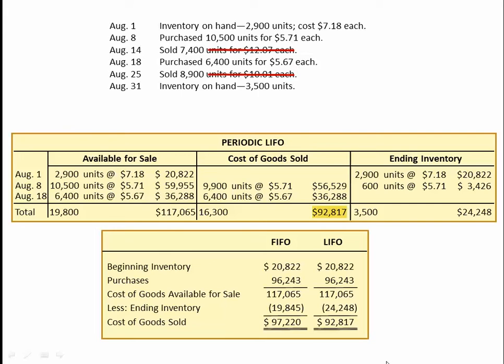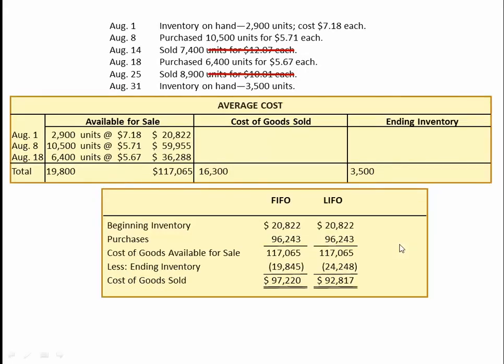So in this situation, LIFO is going to give you a higher net income because the cost of goods sold is lower. Interesting. So keep in mind, usually FIFO gives you the higher inventory balance and the higher cost of goods sold because prices are rising. In this situation, it's actually lowered. So keep that in mind.